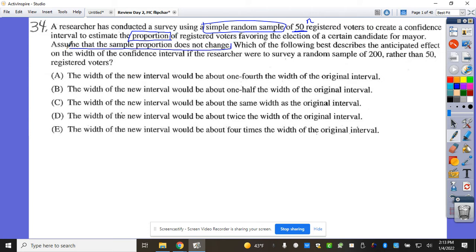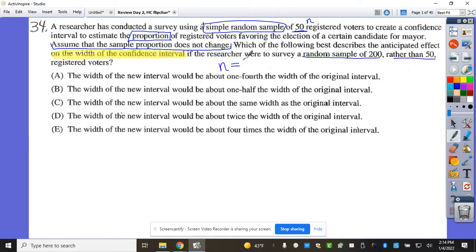We're sampling from the same group essentially. Which of the following best describes the anticipated effect on the width of the confidence interval? So that's the whole question right there, is how does the width change? If the researcher were to survey a random sample of 200 instead of 50.